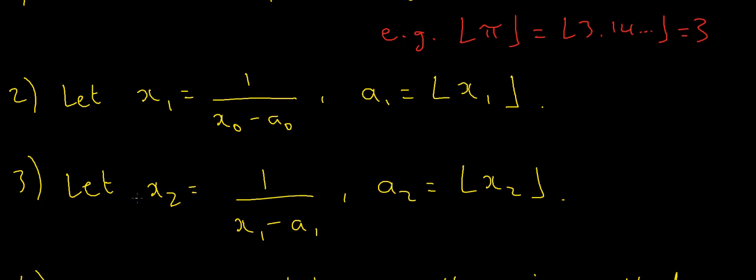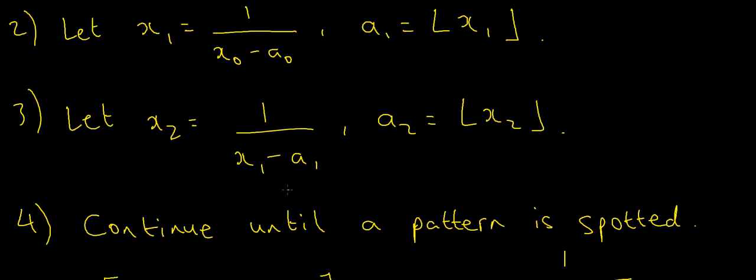And then for the next step, x2 is going to be 1 divided by x1 minus a1, and a2 is going to be the floor of x2. And we're going to continue doing this until we basically spot a pattern. Then we define x3 to be 1 divided by x2 minus a2, and then we define a3, we take the floor of x3, and we continue doing that.